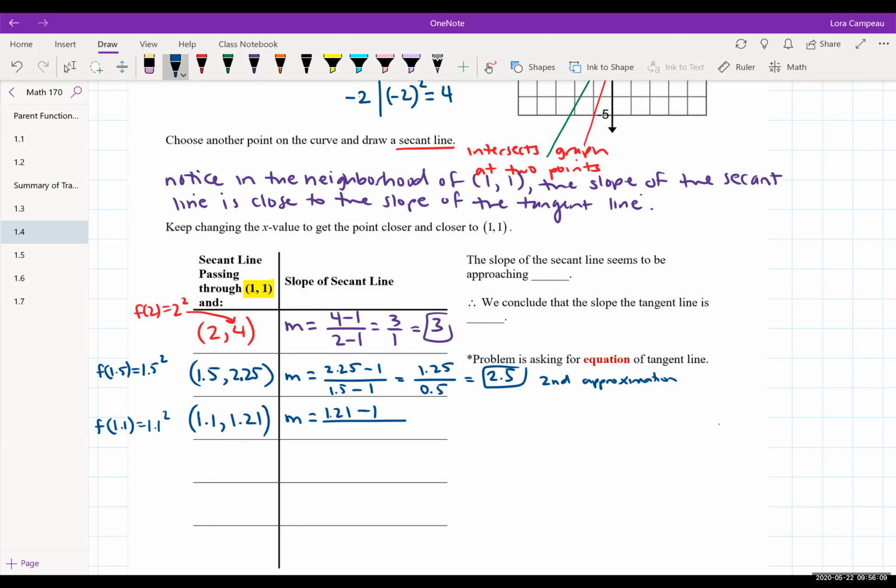Differences of the y's over the differences of the x's. We're going to get ourselves 0.21 over 0.1. And if I do the division, I should get 2.1. So there's my third approximation. And so I went from 3 to 2.5 to 2.1.